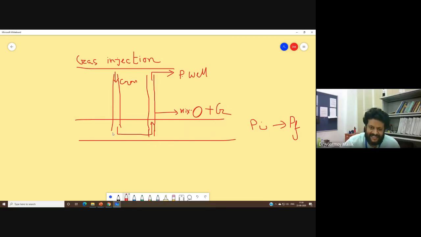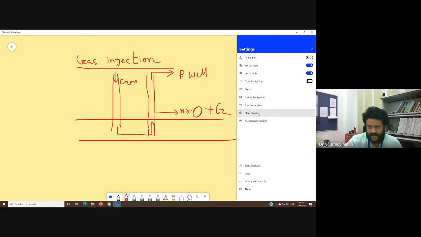So what this gas does, while it mixes up with the oil, it decreases the viscosity. Okay, it decreases viscosity, and hence it also enhances the oil to come up. By that also you can increase the ultimate recovery.